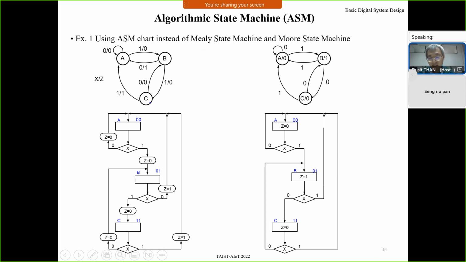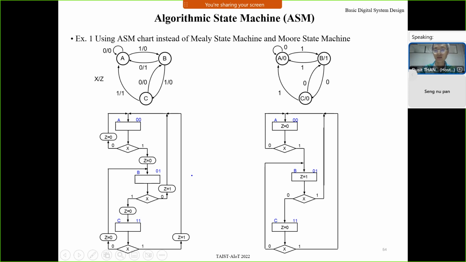And at state C, when input is 0, output is 0, go to B. And when input X is 1, output is 1, go to A.